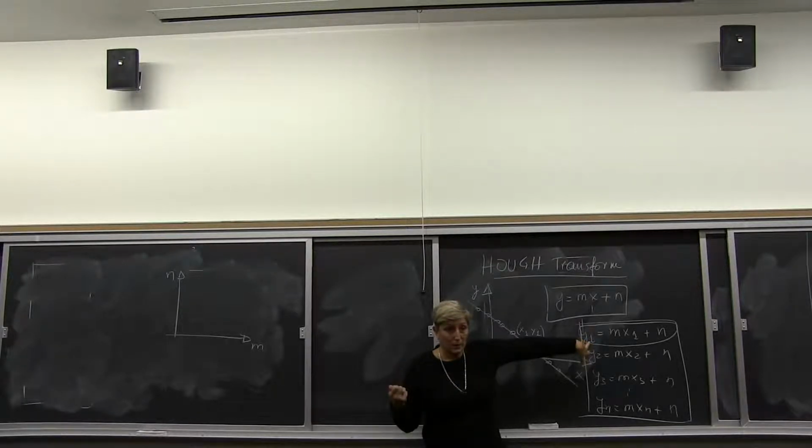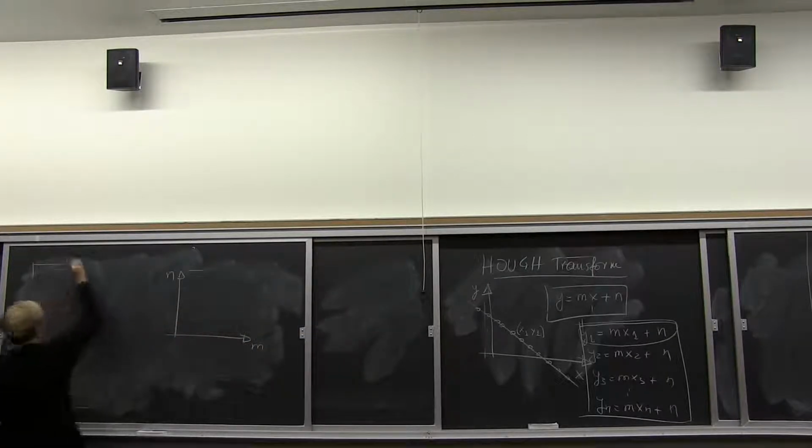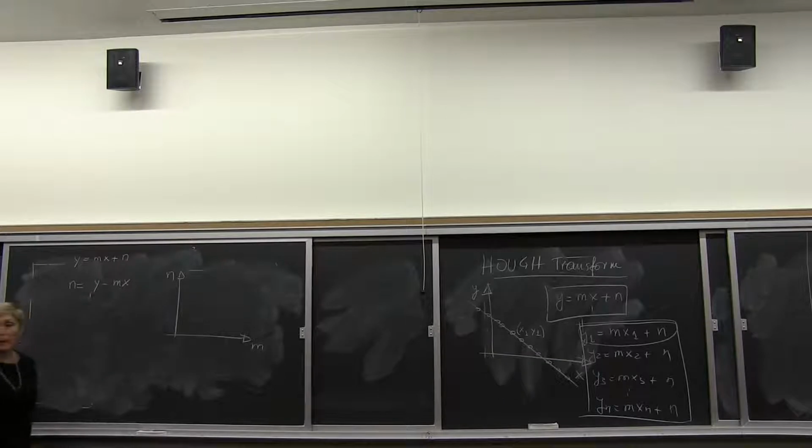Okay? Let's write it here. What I'm saying, I started with y1, or let's remove the index. I have y was equal to mx plus n, okay? So now what I'm going to say is n is equal to y minus mx, okay?